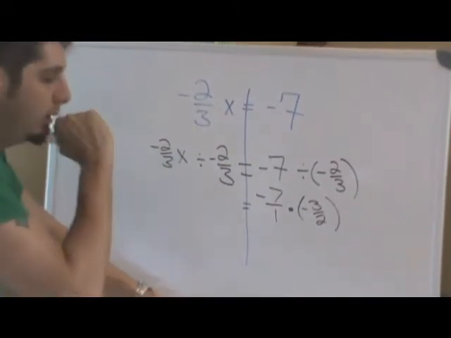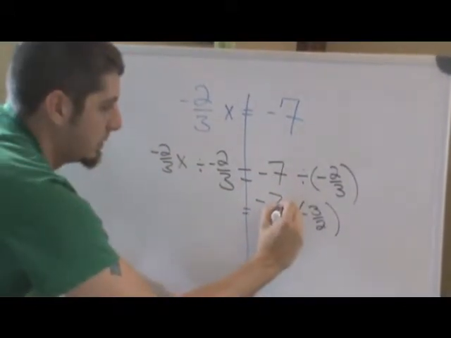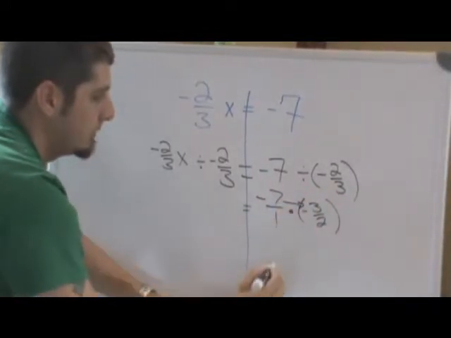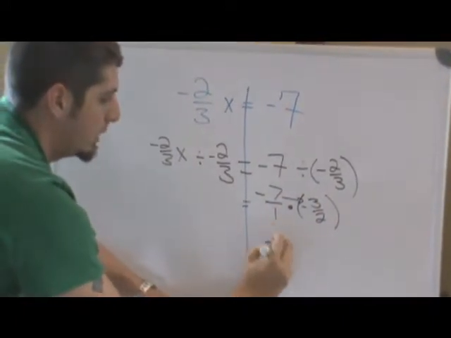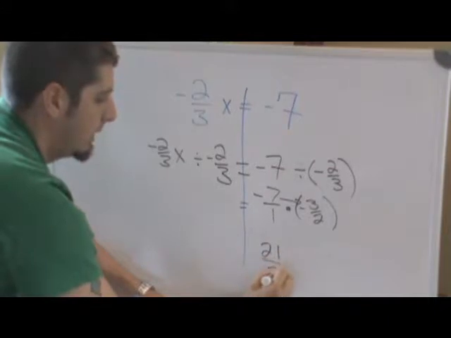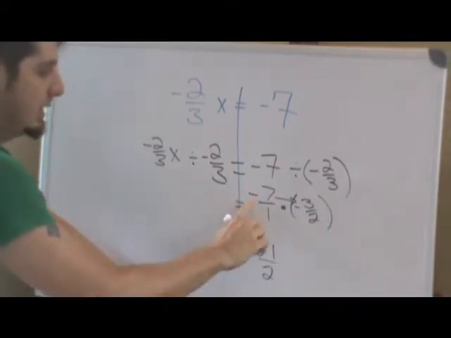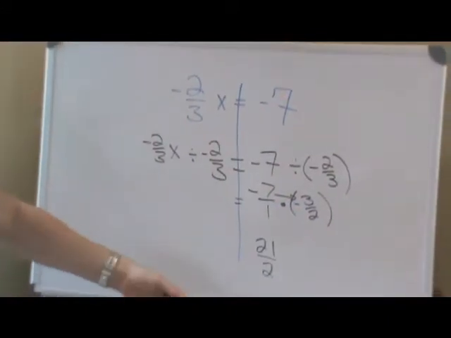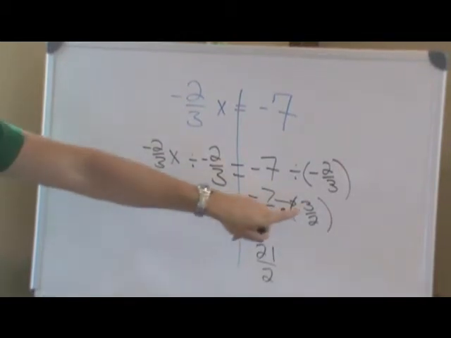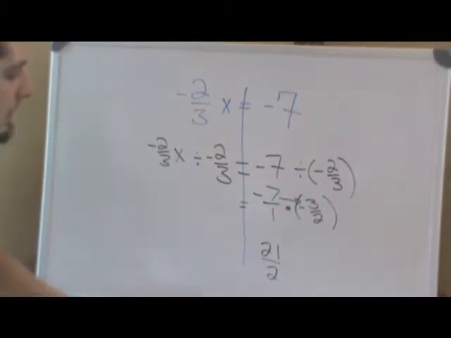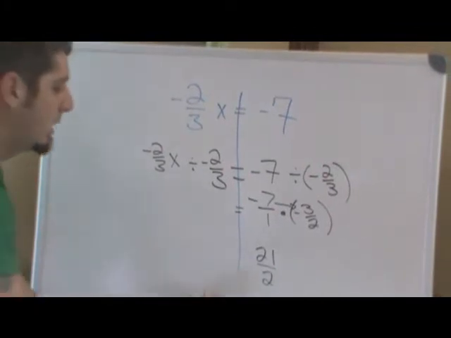Then you multiply straight across. So 7 times 3 is 21, and 1 times 2 is 2. We did a negative times a negative, so our answer stays positive, because the fraction on the left was negative and the fraction on the right was negative. That makes our answer positive.